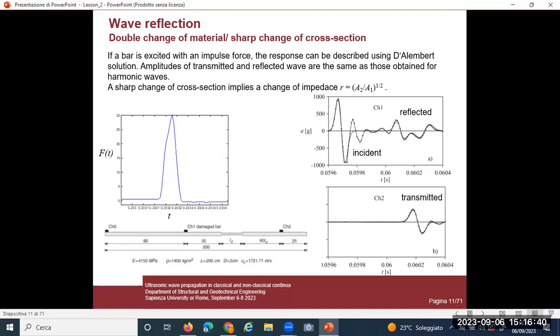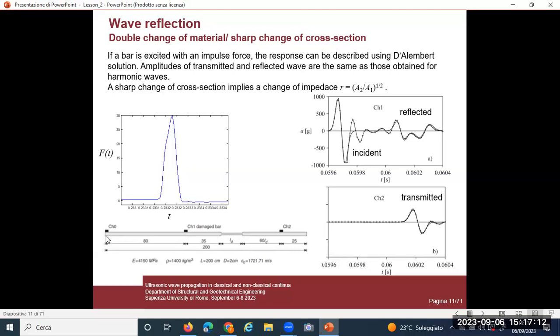I am showing you here some experimental results that describe what can be observed experimentally when you have changes of material properties. In this specific case, the change of material properties is given by a change of cross-section. We realized this experiment with this bar. You see, it is represented here.